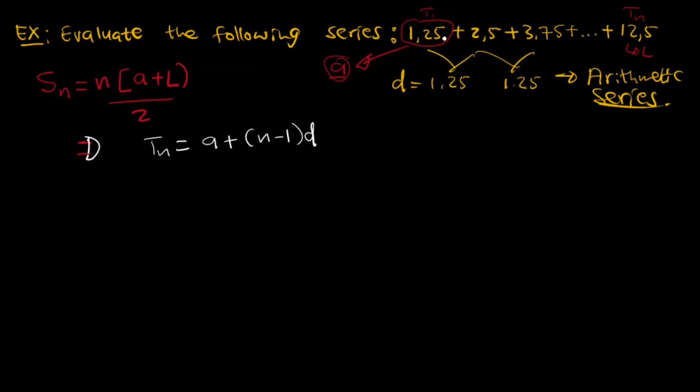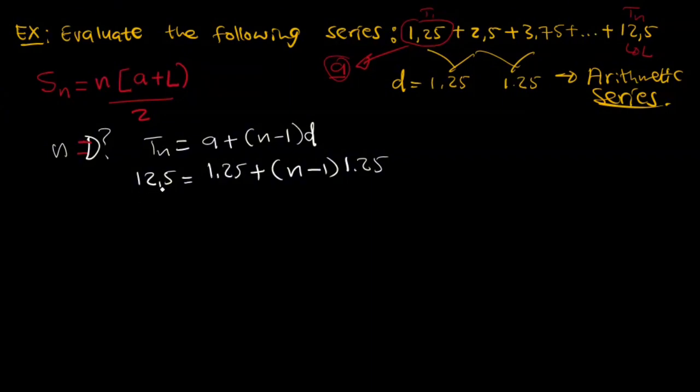Yes, 1.25. So I'm just going to substitute: 12.5, a is 1.25. I do not know the value of n. That's what I'm calculating. And d, I know, is 1.25.